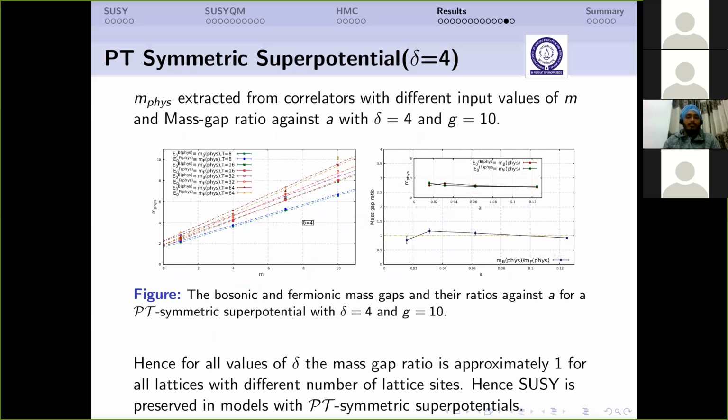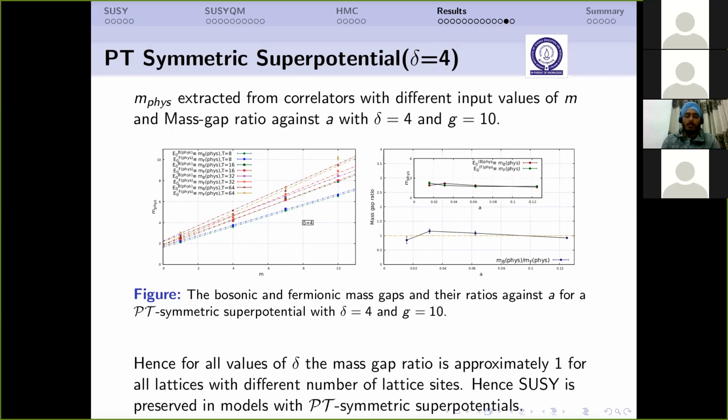With the delta equals 4 case, again we saw a similar sort of trend. We worked with different values of masses for each lattice size, and then extrapolated to get the mass equals zero limit, and again checked that the mass gap ratio in all the cases, as we approach the continuum, is more or less equal to 1.